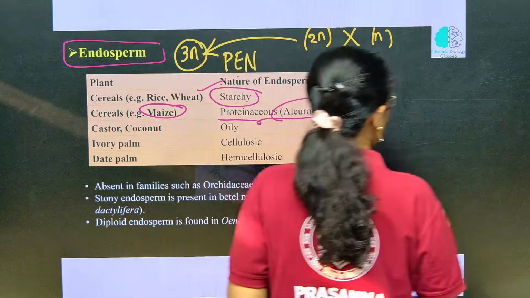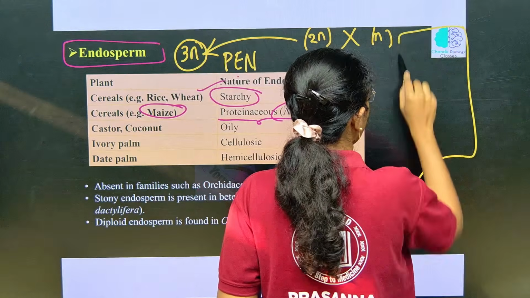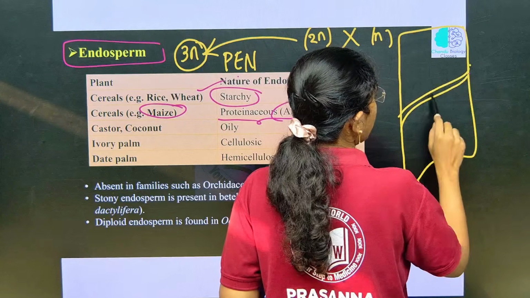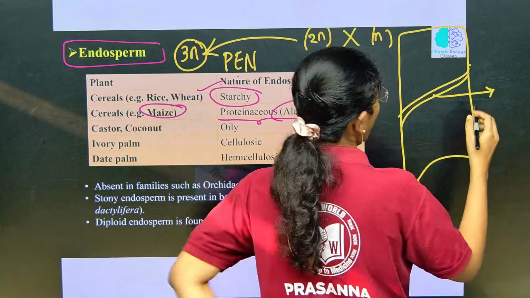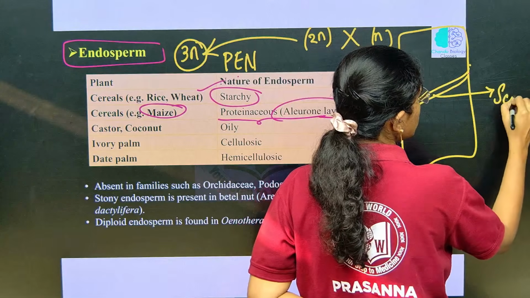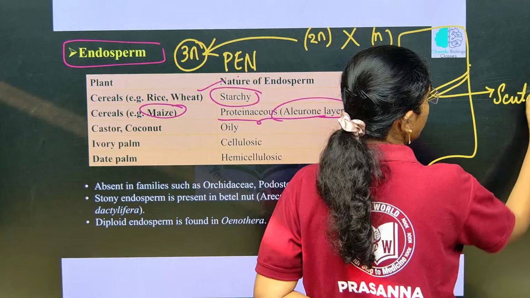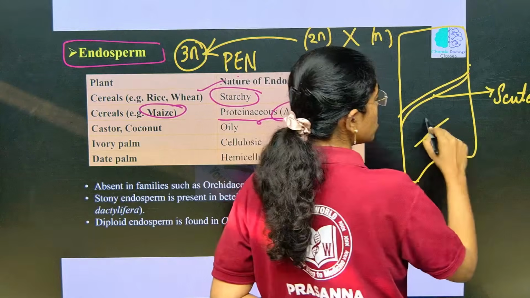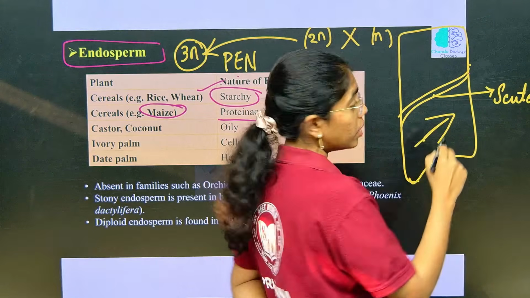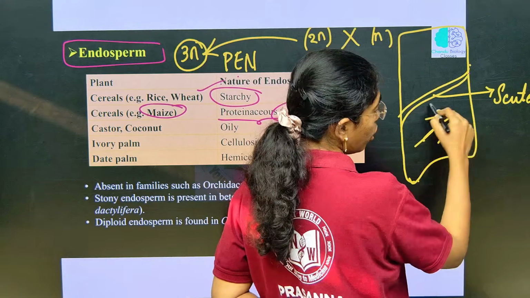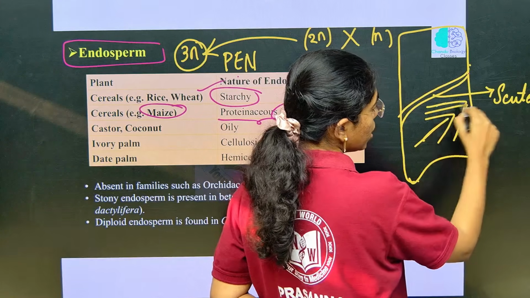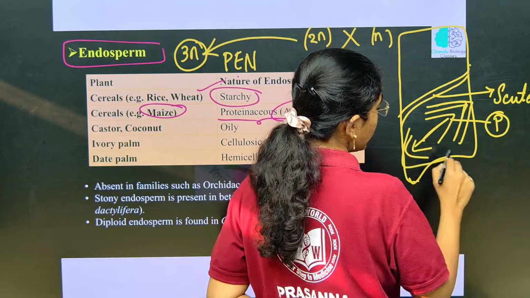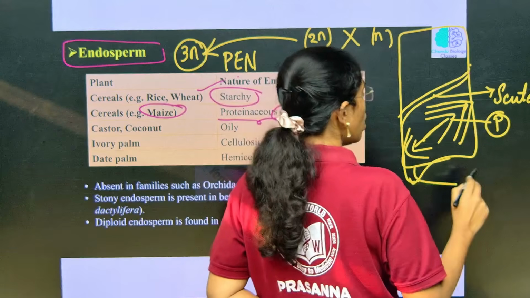If we have to take the rough diagram of a corn kernel, here is scutellum. If you see, this is scutellum which is the papery cotyledon, and here will be the embryonal axis. At the tip is the coleoptile, which is the sheath covering the plumule, and at the base you will have the radicle, and the sheath covering the radicle is coleorhiza.